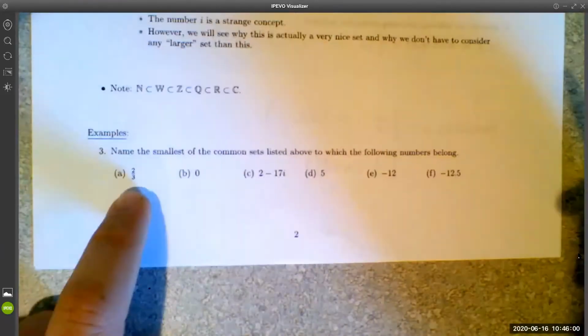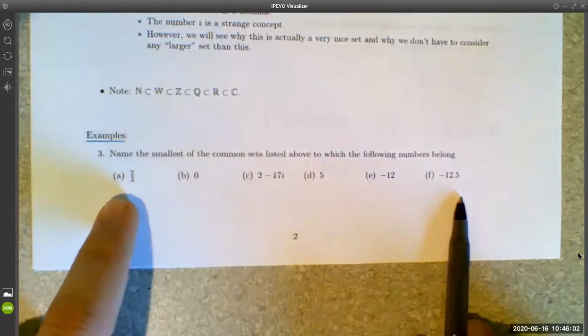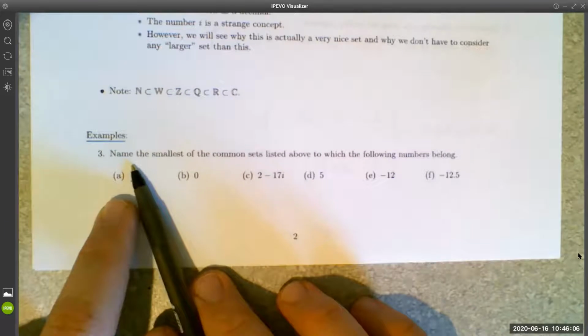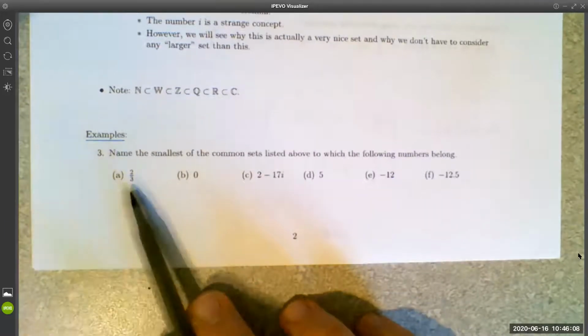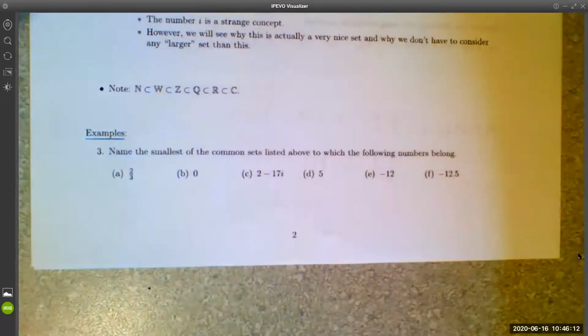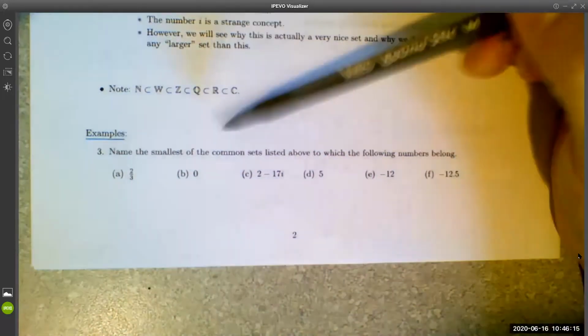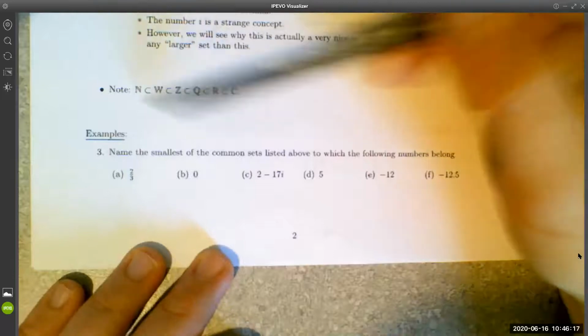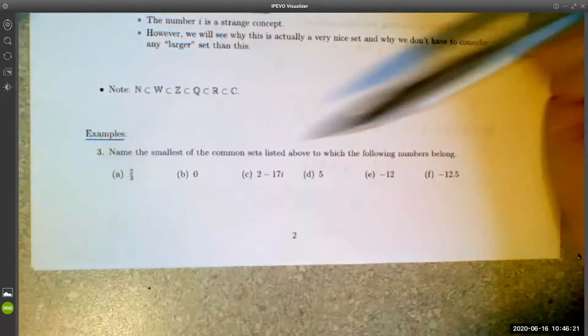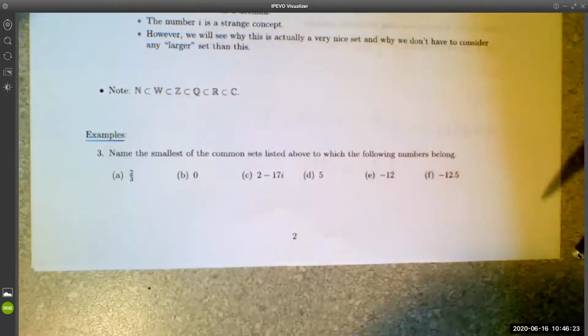So for example, all of these numbers are complex numbers. If I had just said, name the set to which these numbers belong, you would just say, oh, this is complex, and that would be kind of a pointless exercise. So what I'm asking you to do is name the smallest set, and by smallest, I mean the smallest in terms of this hierarchy. The smallest of the common sets to which each of the numbers belongs.